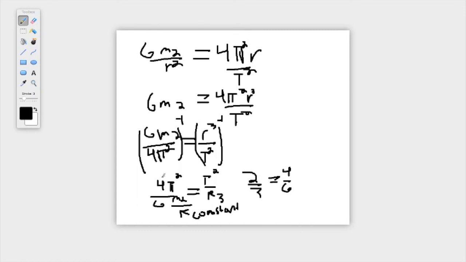Since this is proportional to a constant, we can say that T1 squared over r1 cubed, that's not cubed, that is a subscript, equals T2 squared over r2 cubed.